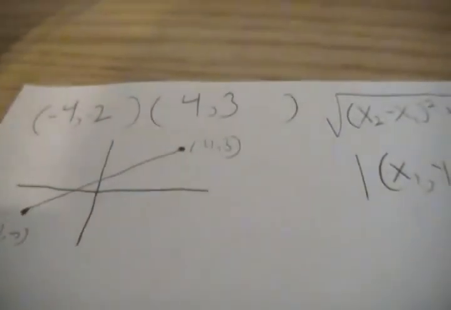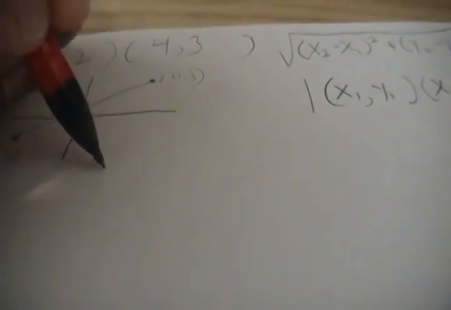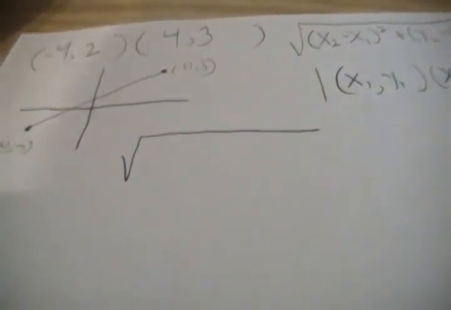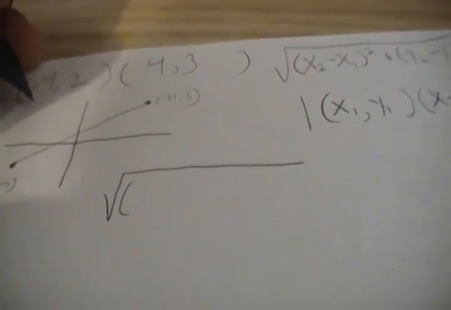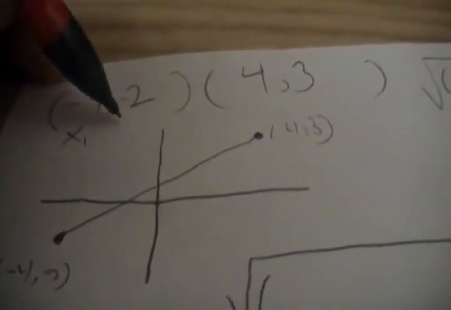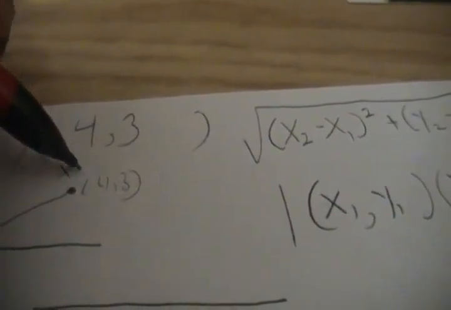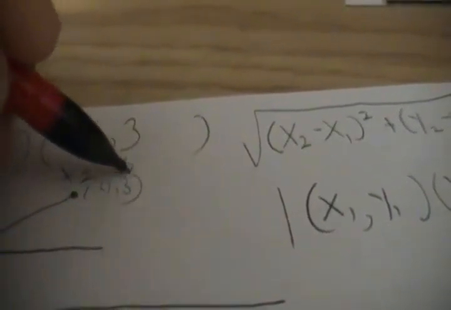So for example, if we want to find the distance between these 2 points, we use the formula. Take the square root. Let's just write which one is x1, y1. So here's x1, here's y1, here's x2, and here's y2.